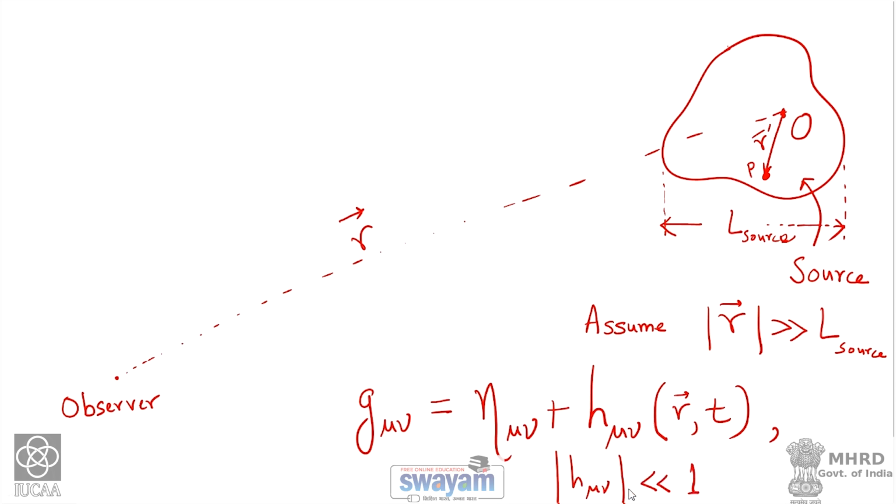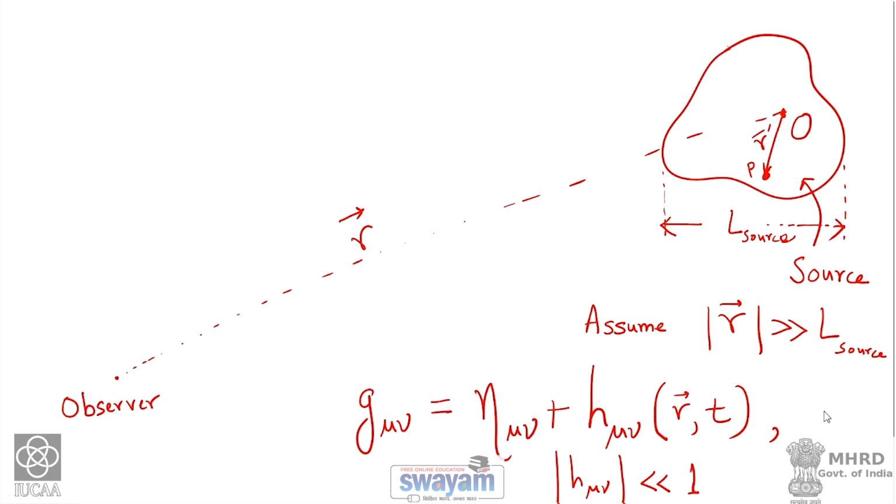But since the matter distribution is changing with time, we also know that your h mu nu is going to change with time, and we want to understand how this changing geometry is related to the matter distribution.